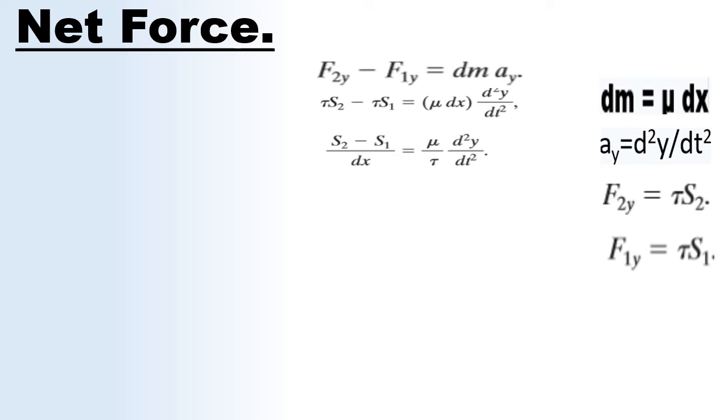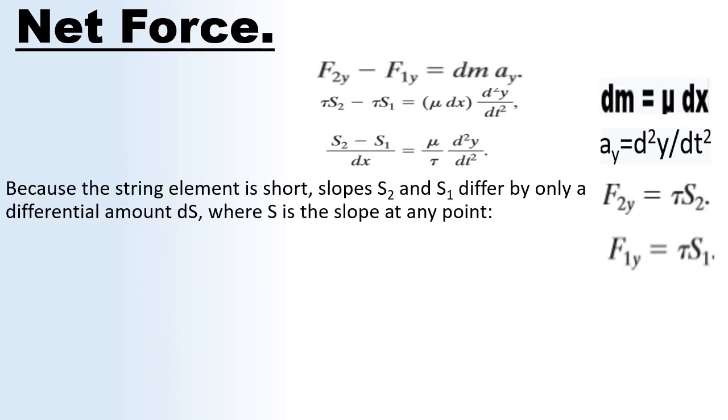Here the difference of the slopes S1 and S2 is only a small differential amount ds, and s is the slope at any point of the string element. We can write s equals dy by dx.